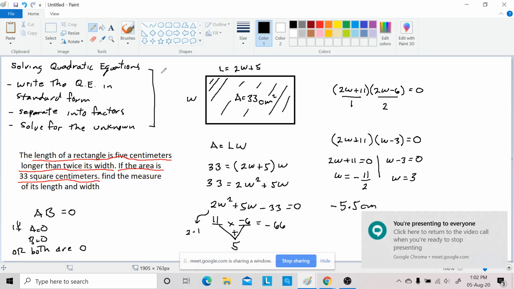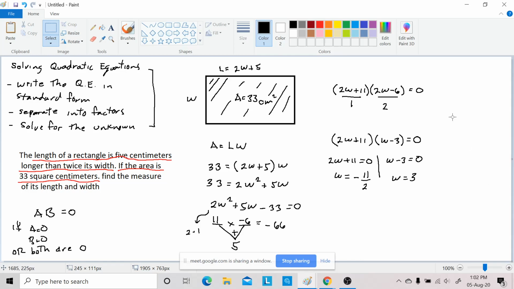Since we cannot present a negative measure, the only option is to reject. We reject the negative measurement, this one. We can say now that this is rejected for the reason of no negative distance or length.